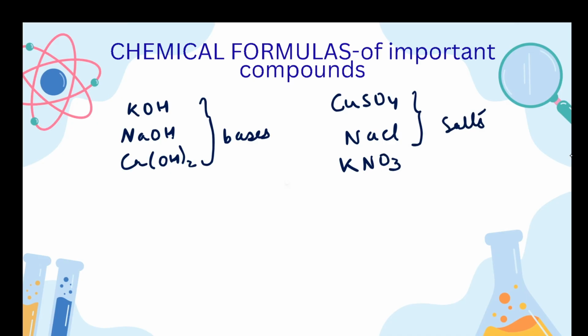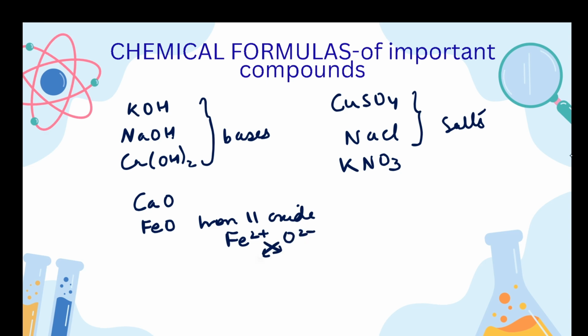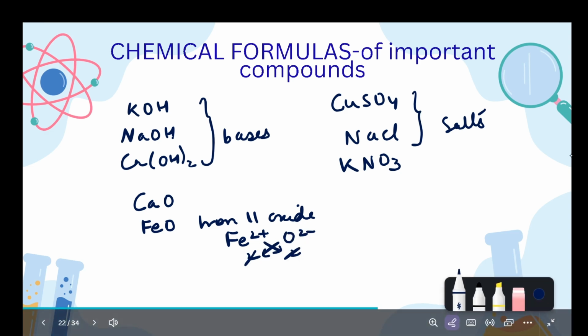Okay, so all the formulas are important, and if we have to write certain metallic oxide, calcium oxide is CaO, iron 2 oxide will be FeO. How I got FeO? Again frame the formula, iron valency 2 plus is given, oxide is 2 minus, interchanging, 2 gets cancelled, so the formula becomes FeO.